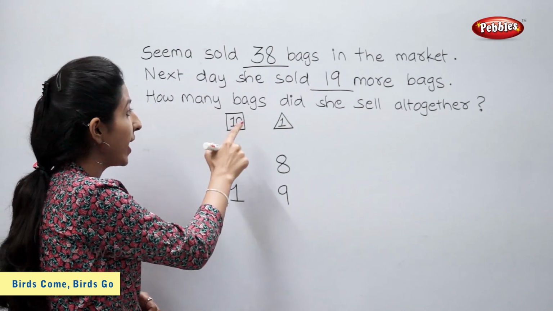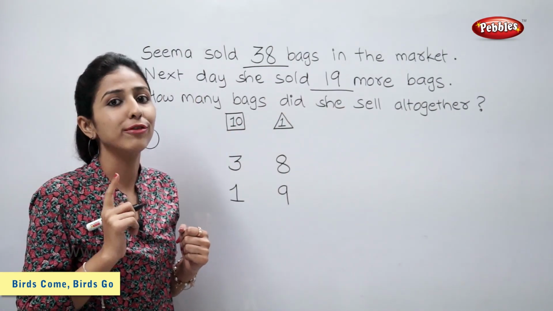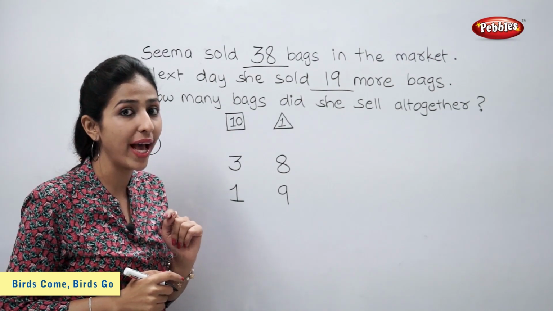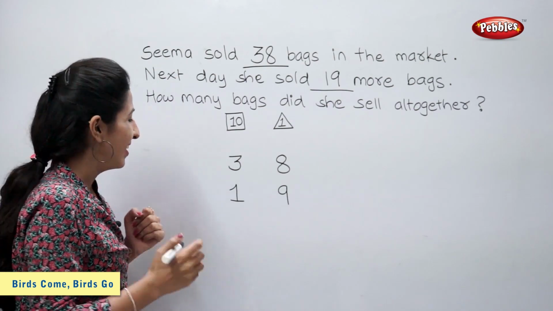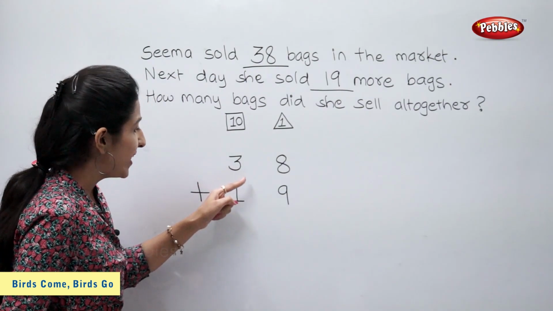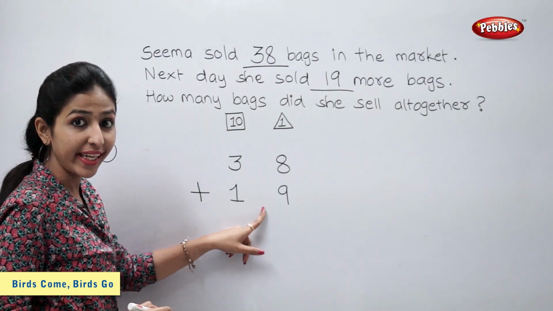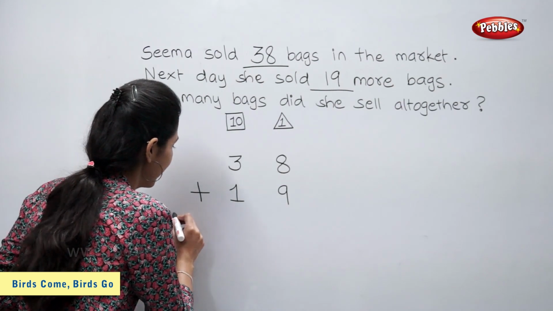So how many bags did she sell altogether? We have to find the total number of bags. So we will add them. 38 plus 19 is equal to how much? Let's find out.